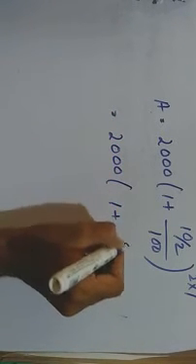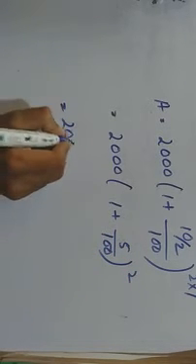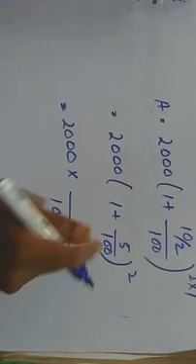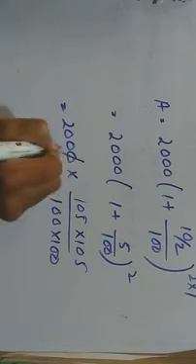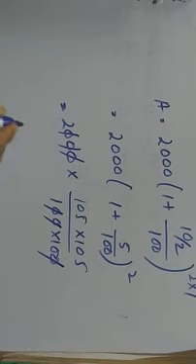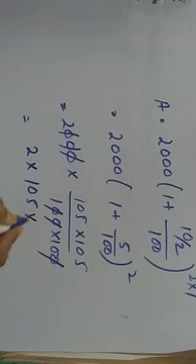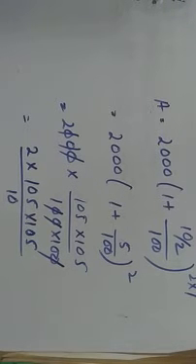1 plus 10 divided by 2, it will become 5. If you take LCM, 2000. Square is there, so 100, 105, 105. So 2 multiply 105 multiply 105 by 10. If you solve this, you will get 2205.